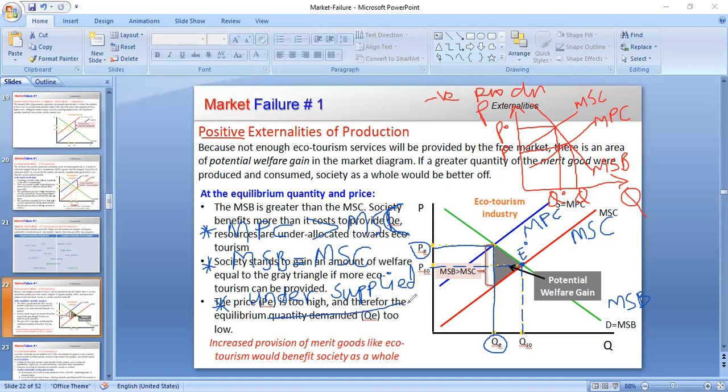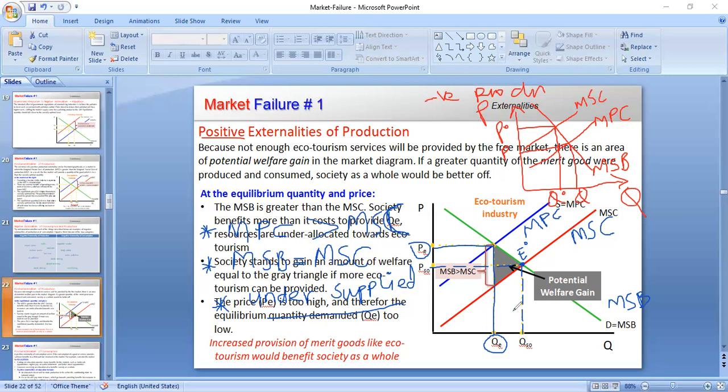So with those three elements, we shall be able to draw our graph for positive externality of production. The third element: we've already looked at the point of equilibrium, which is point one to note. We've already looked at that with positive externality, the marginal private cost is greater than the marginal social cost.